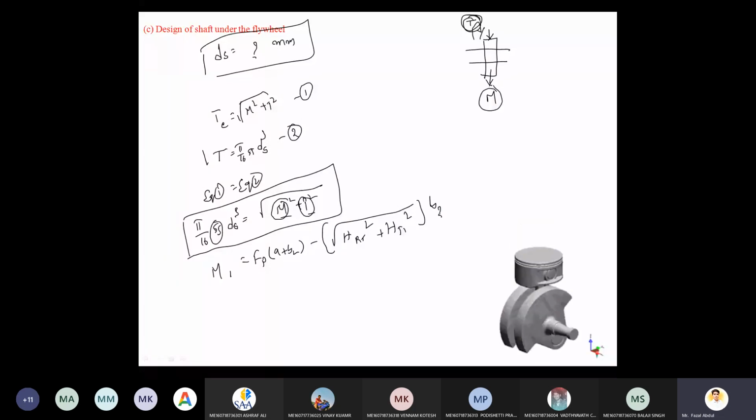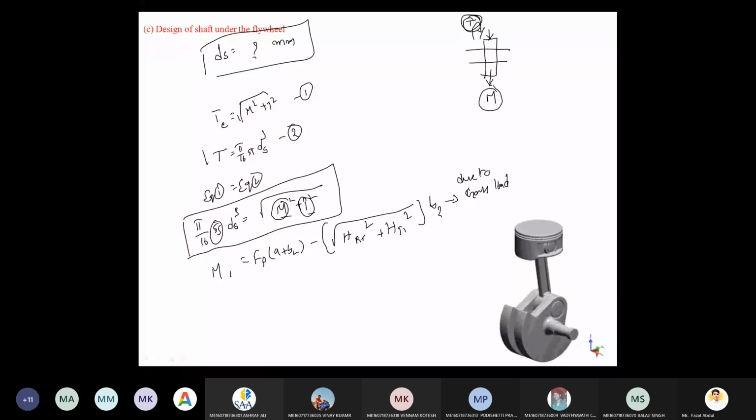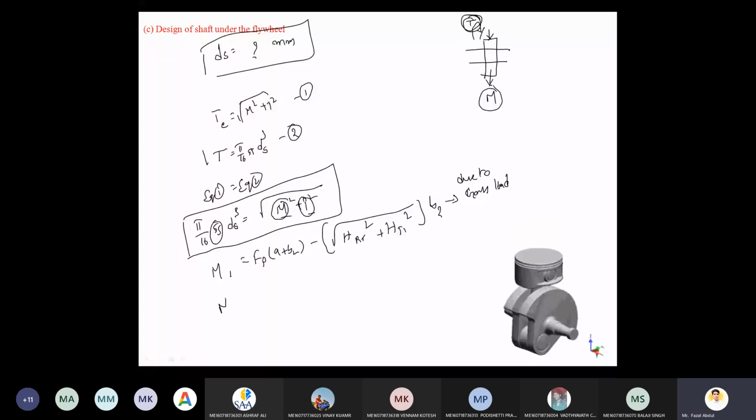This is the horizontal bending moment acting on the shaft due to the gas load of the combustion process. Now the second bending moment is due to the flywheel location, that is, the flywheel load.